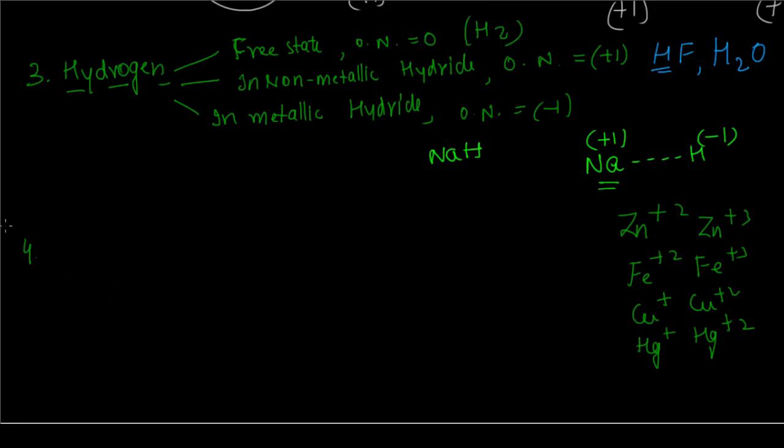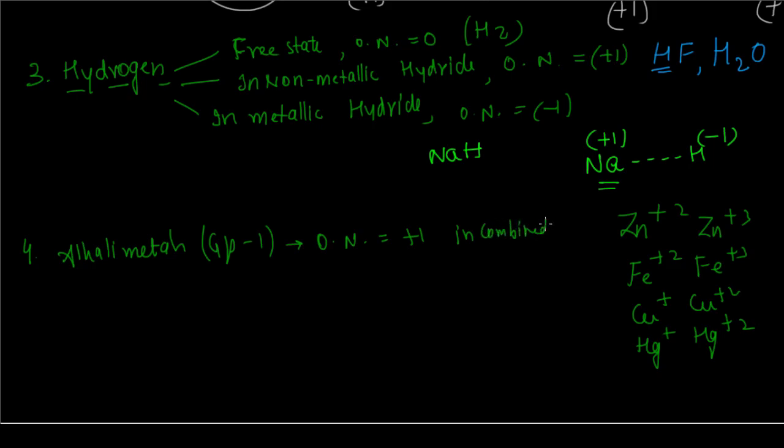Now for the fourth rule, the metals of group 1 and group 2, the alkali metals and alkaline earth metals, that is the lithium group and the beryllium group, have fixed oxidation numbers because they don't show variable valencies. For alkali metals, that is group 1 elements, the oxidation number is always +1 in the combined state.